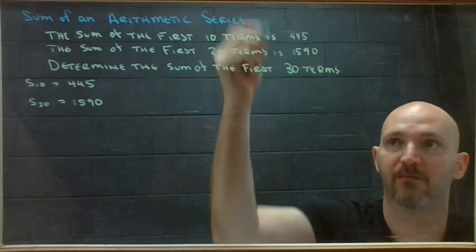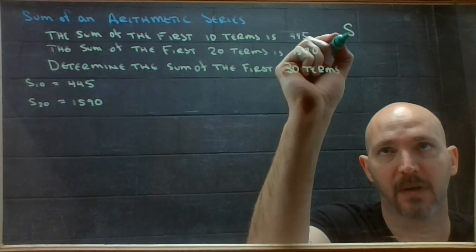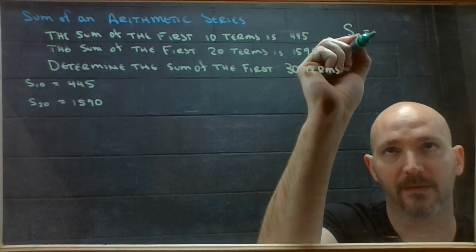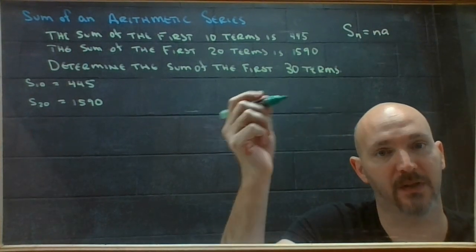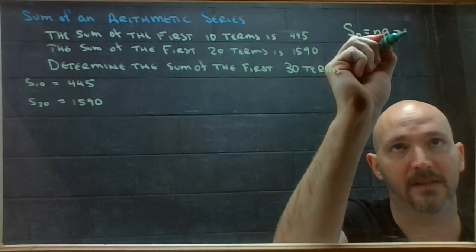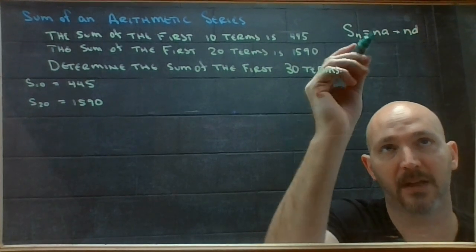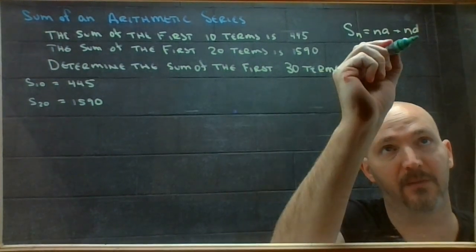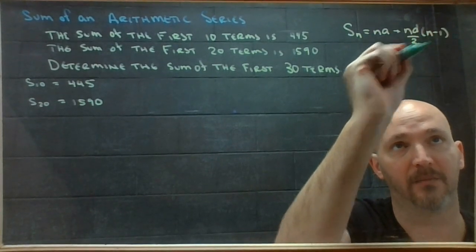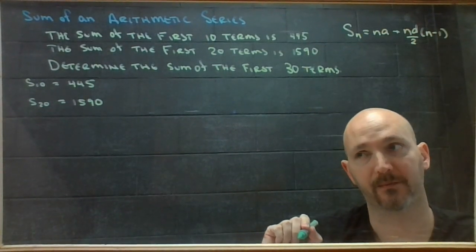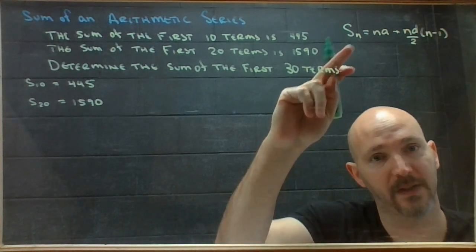Okay, so I'm going to need to remember that the sum of an arithmetic series was the number of terms multiplied by the first term plus the number of terms multiplied by the difference between each term cut in half multiplied by n minus 1. I'm going to start filling stuff into this.